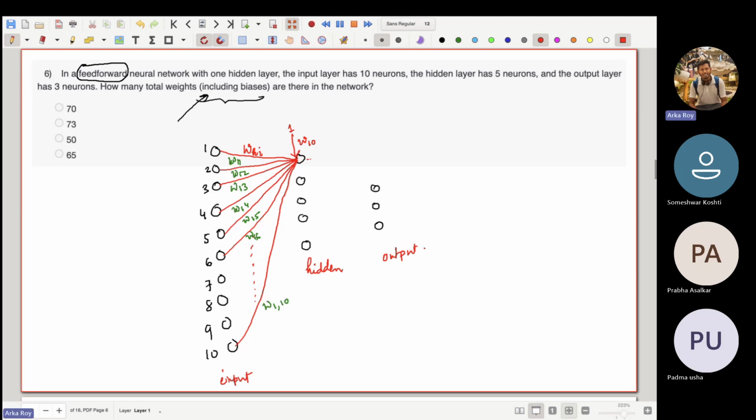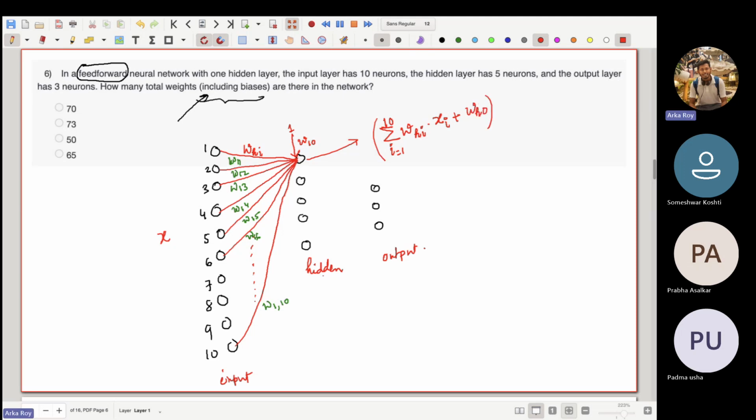So at this particular neuron, the equation will be, let's say your input is called X, W_HI multiplied with X_I, where I ranges from 1 to 10, plus the bias term, which is W_H naught.